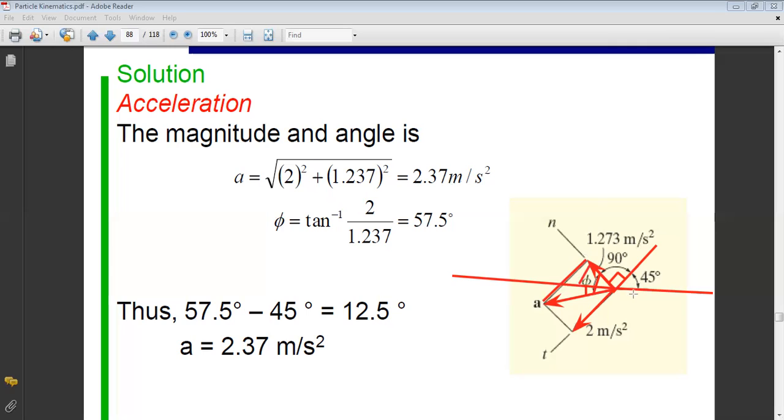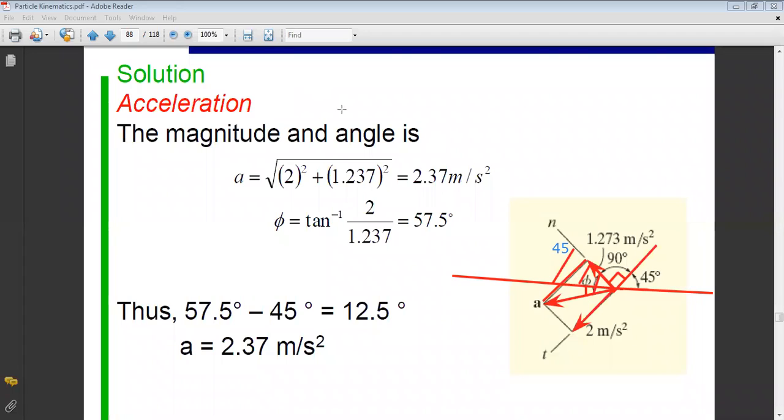This one is the angle between un and the horizontal. You can simply find it because here you have 45 and 90 and the whole angle is 180, so this angle will also be 45 degrees. So this angle here is 45 and the angle from un to A is 57.5.